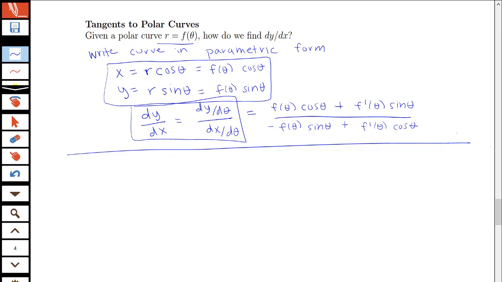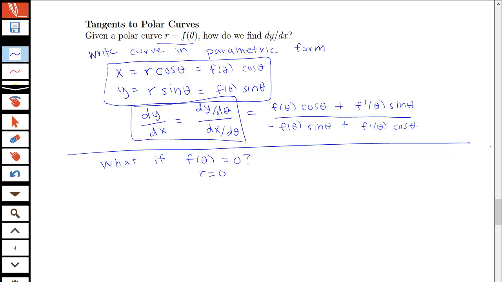Okay, so we're just going to look at a few more facts here associated with tangents, and then we'll look at one example. So looking at this form of the derivative that we got, we see that it could become a little bit simpler in the case that f of theta is equal to 0. So what if f of theta is equal to 0? What does that mean? Well, this means that r is 0.